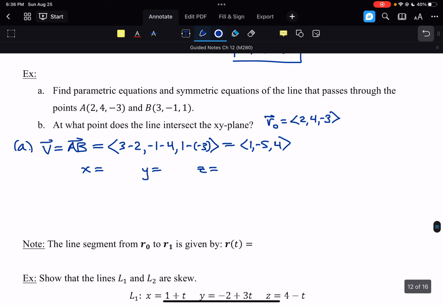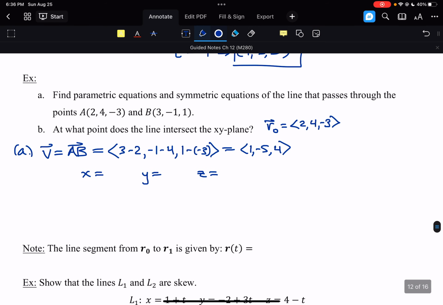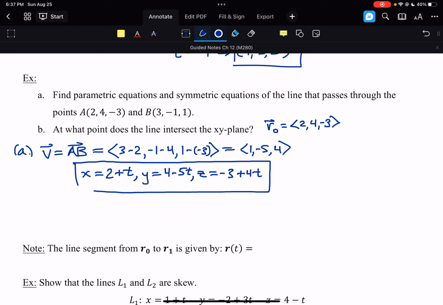So we get 2 plus 1t. We get 4 minus 5t, and we get negative 3 plus 4t, and those are the parametric equations.